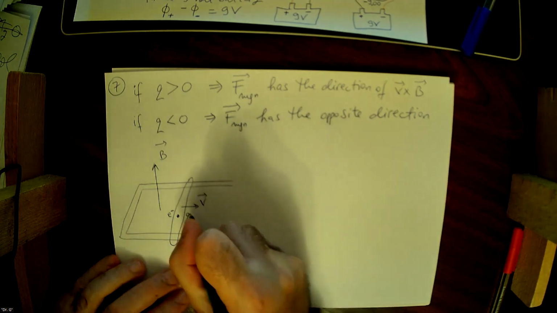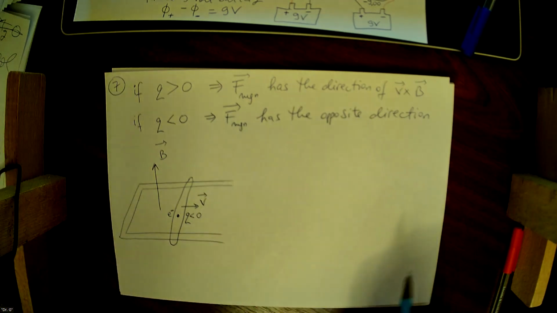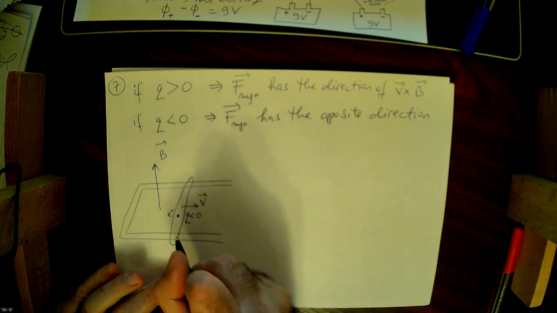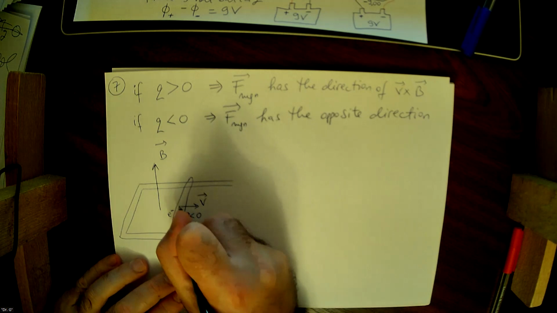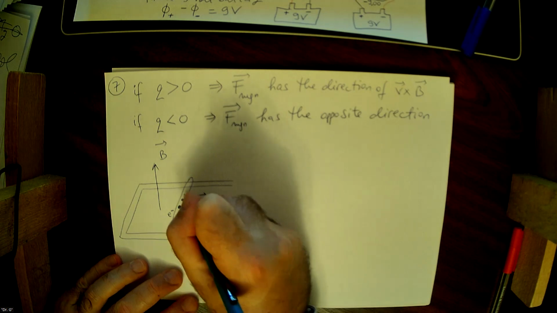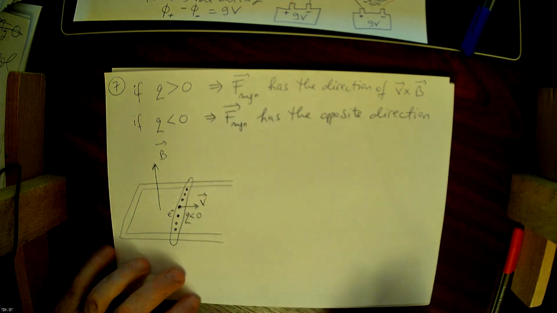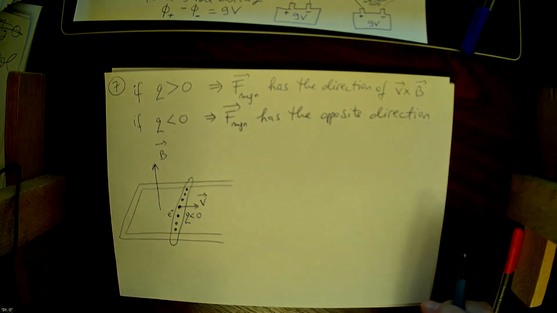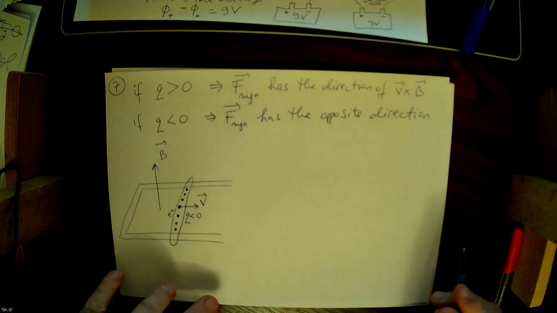So here we have a negative electric charge that moves with the velocity v in a magnetic field, which means a magnetic force acts on it. So the first thing we have to figure out is what is the direction of V cross B.